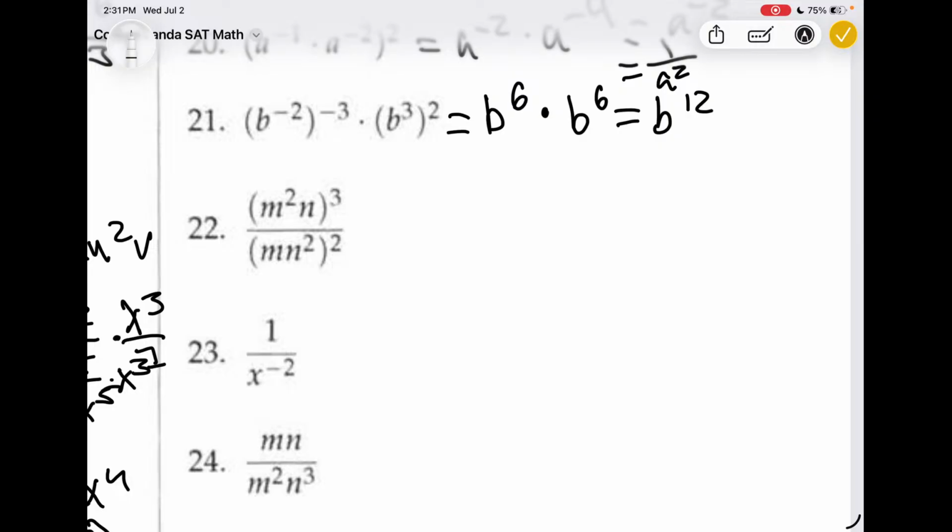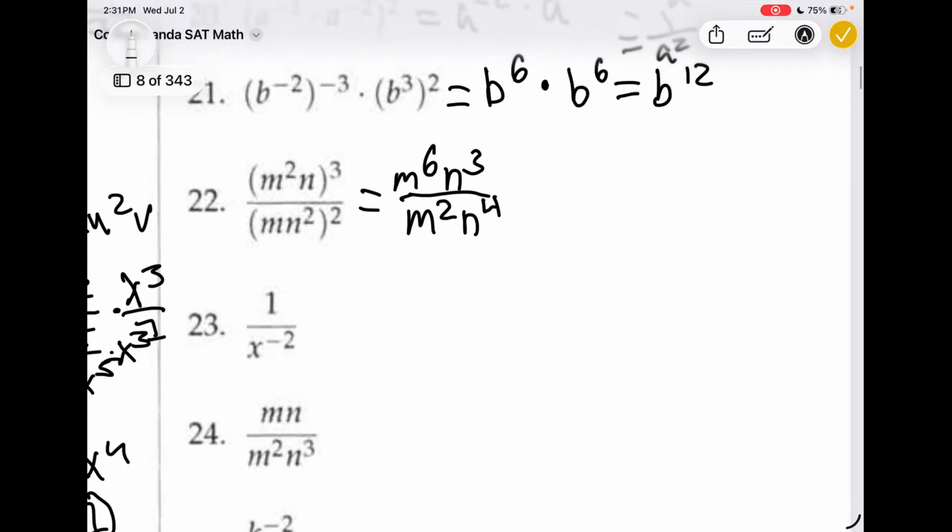So then we got m squared to the n third over, so this will equal m to the 6th times n to the 3rd over m to the 2nd times n to the 4th. Yeah.